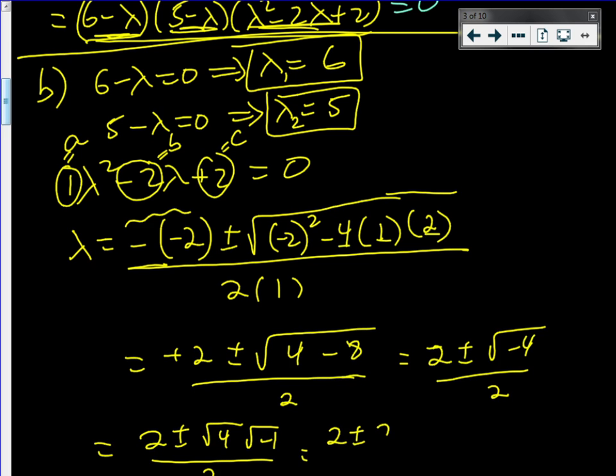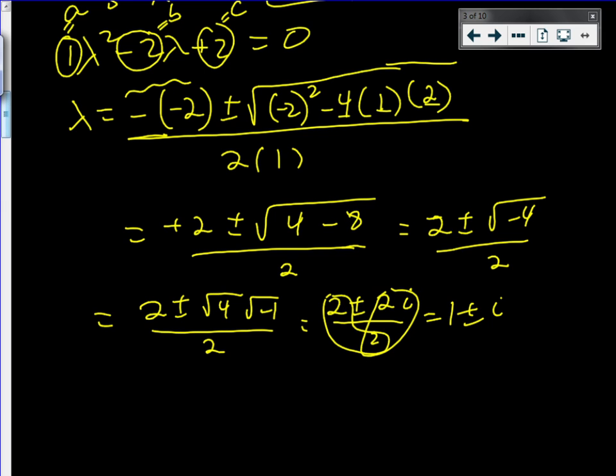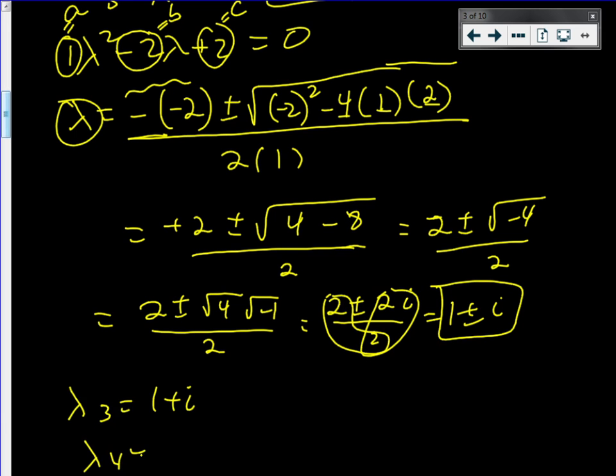The square root of 4 is 2, and the square root of negative 1 is i, divided by 2. This fraction is 1, plus or minus that fraction is i. So we get 2 more lambdas. Remember, lambda is equal to this. So lambda 3 is 1 plus i, and lambda 4 is 1 minus i.